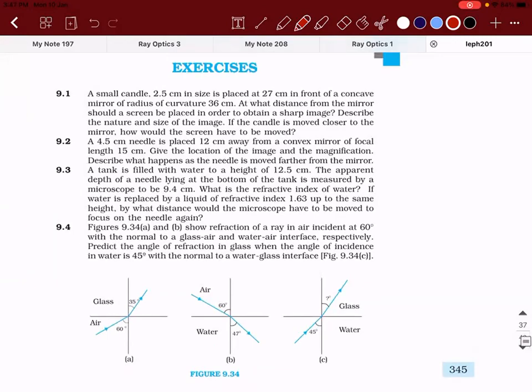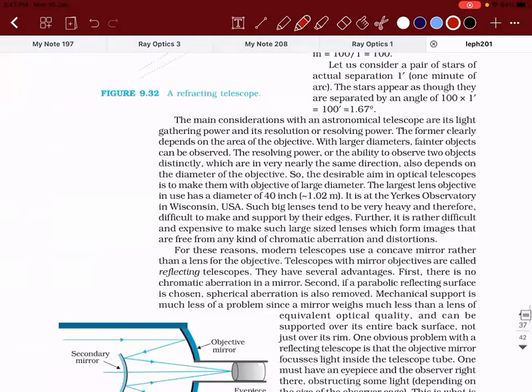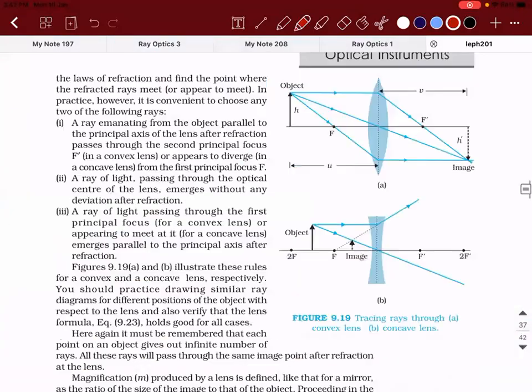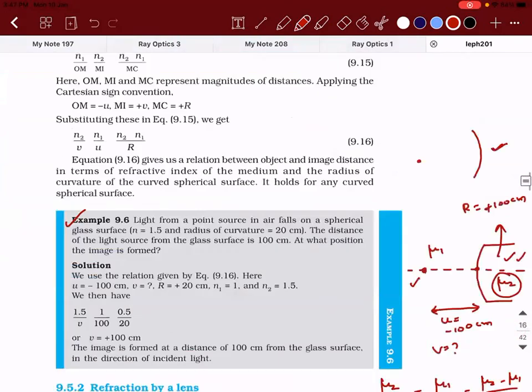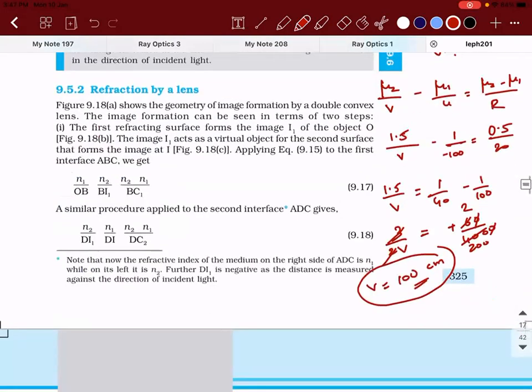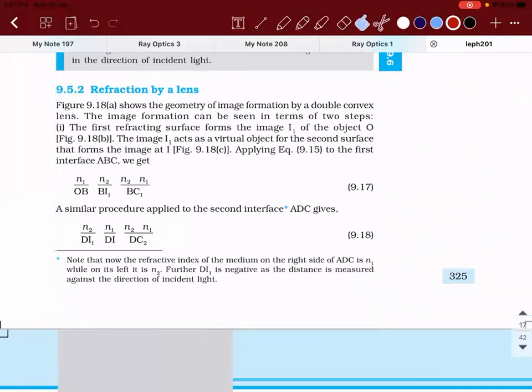I have an assignment based on which we'll solve it in next class. If this concept is clear, we will see how the refraction is taking place within the lens.